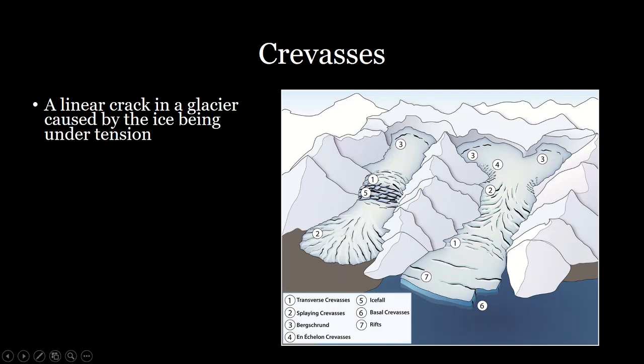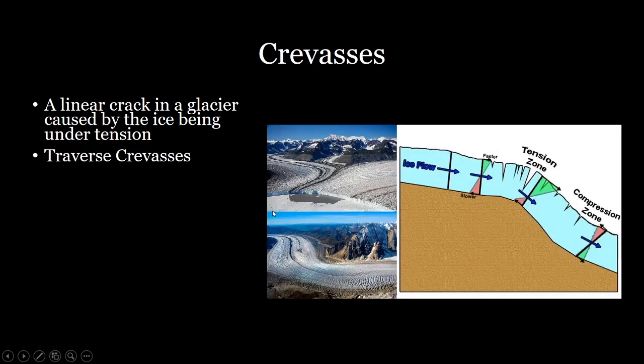So there's a number of different types of crevasses. The first one is transverse crevasses. These are crevasses that go across the entire glacier, usually. And so you can see a diagram here. When a glacier flows over a bump and it experiences tension, the top of the glacier will fault or crevasse as a result.